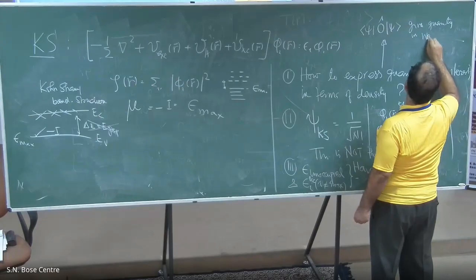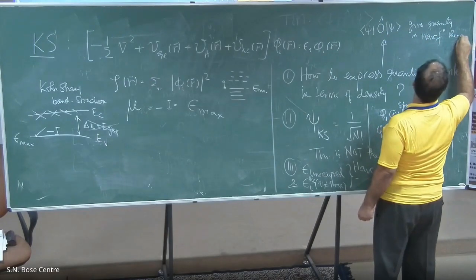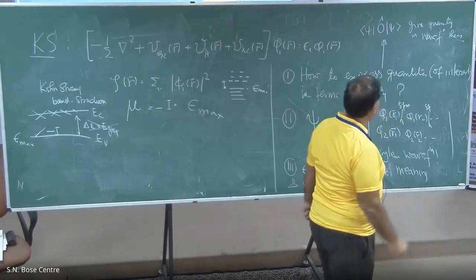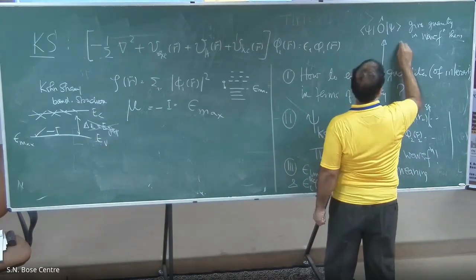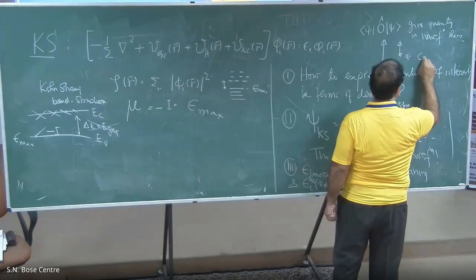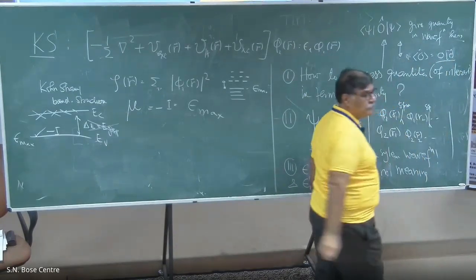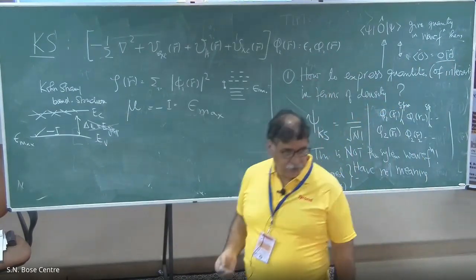In density-based theory, I have to write this operator's expectation value as some functional of the density. And you have to know how to do it.